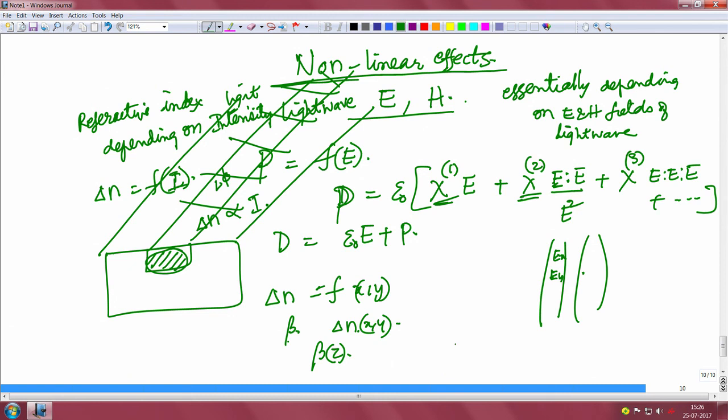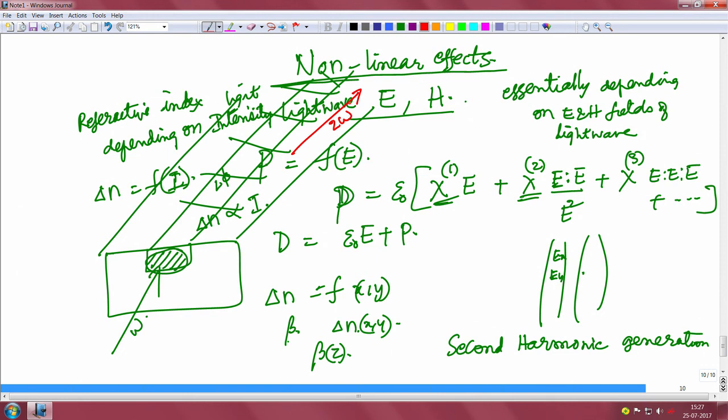Similarly, one of the important nonlinear optical effects is called the second harmonic generation. So, you have a waveguide into which you launch optical light of certain frequency omega, and the output could be of frequency 2 omega.